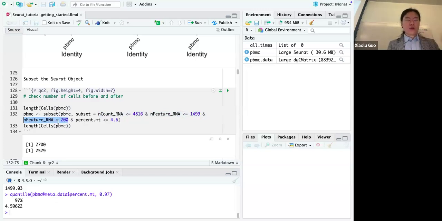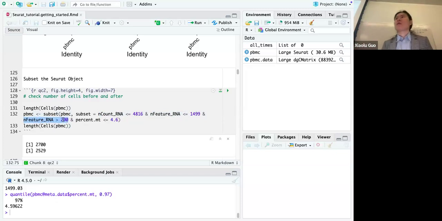Also, we don't want dropouts. We don't like cells that have very low expression, or maybe they are dying, or they are just not healthy cells. So we also want a minimal expression, and usually we use 200 genes, though this depends on your purpose.